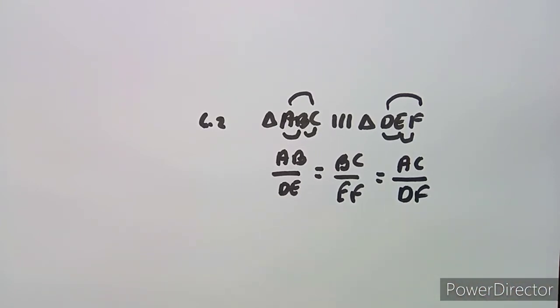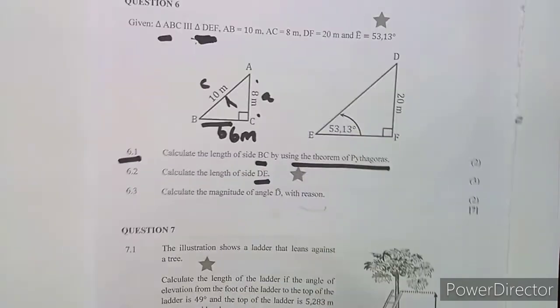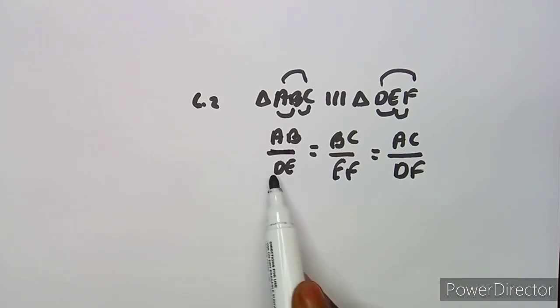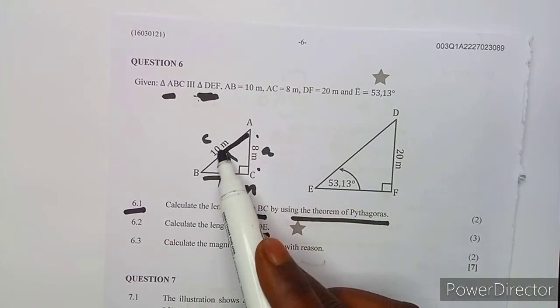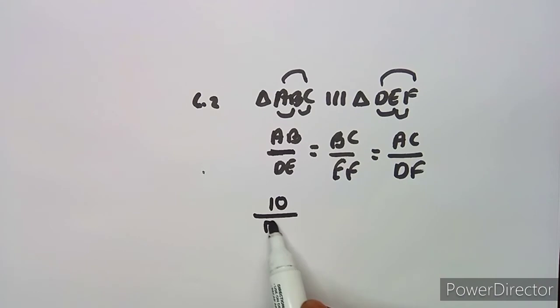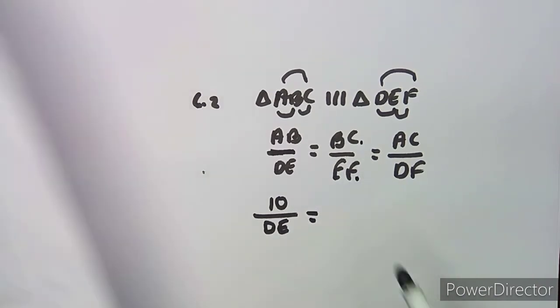So we have to fill in what we want to calculate and what we are given. The ratio with DE is AB over DE, and we have AB, which is 10. So it's 10 over DE, which is equal to BC over EF.